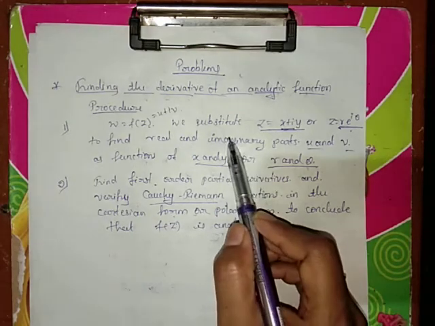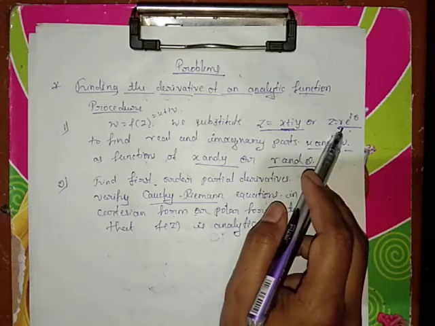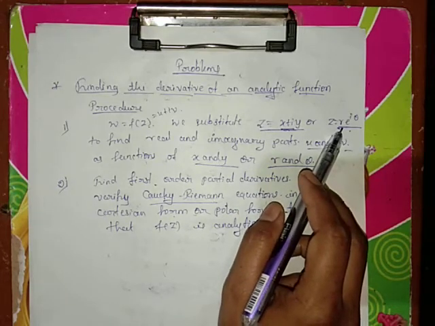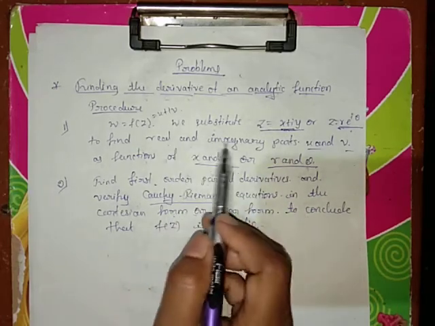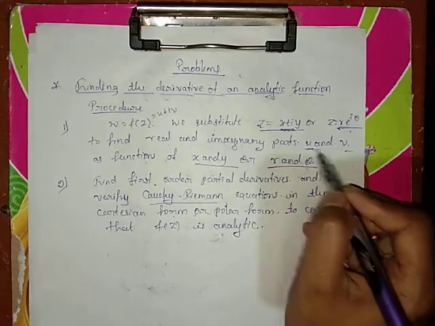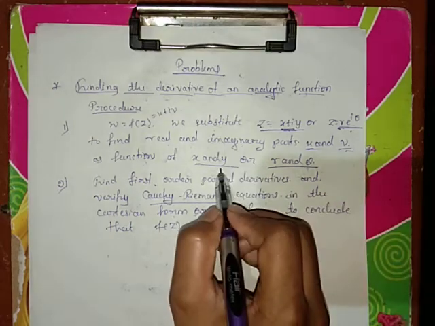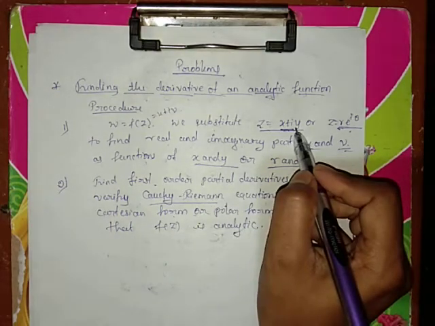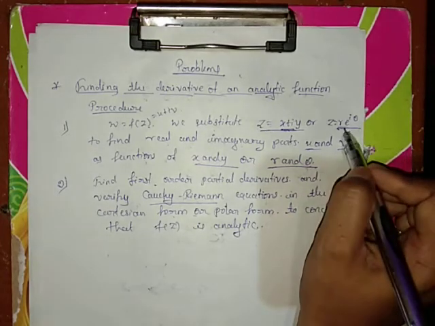In the first step, we substitute z, either the polar form or Cartesian form, based on the given equation. After substituting z, we separate the real and imaginary parts and identify u and v. Those u and v are functions of x and y if you took the Cartesian form, or r and theta if you took the polar form.